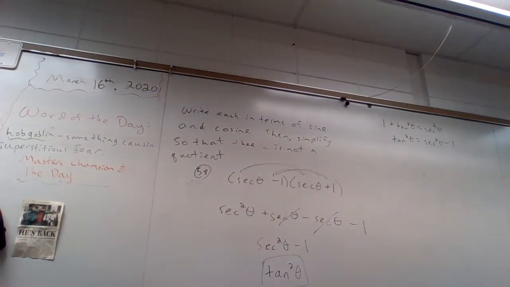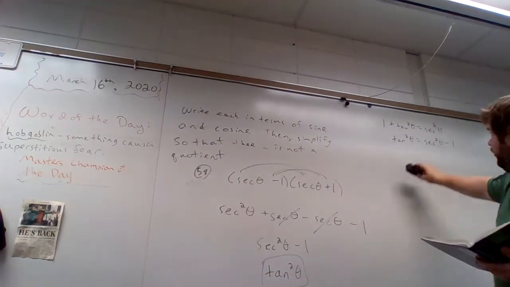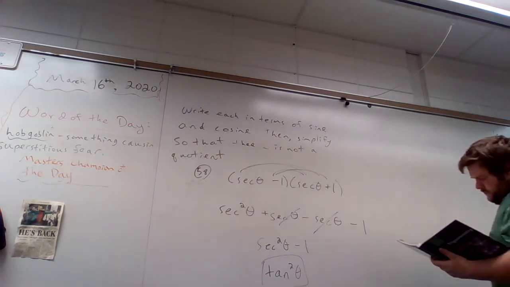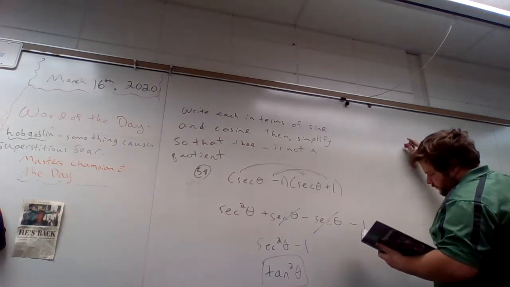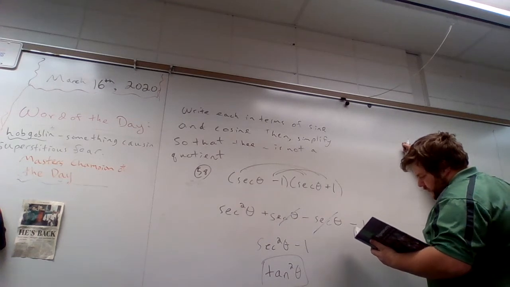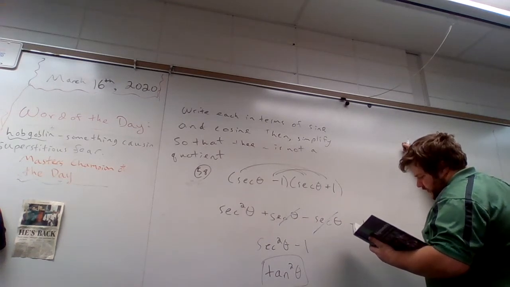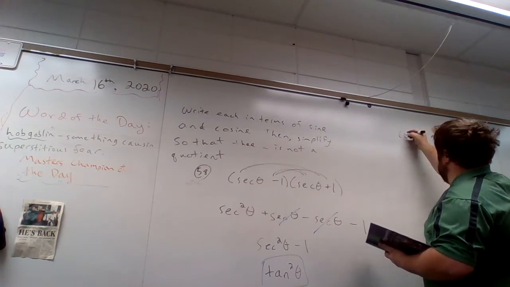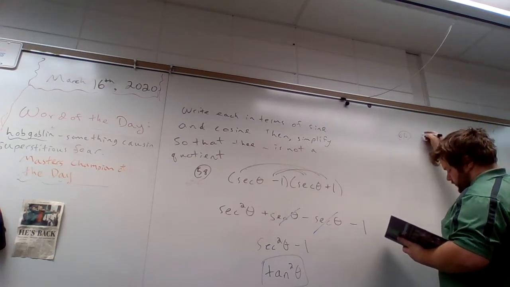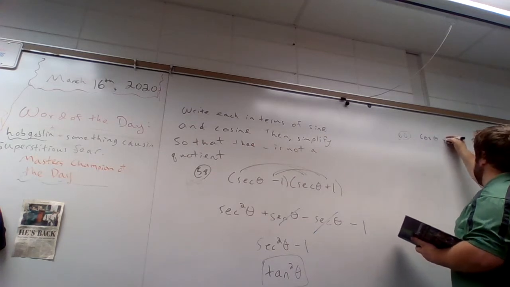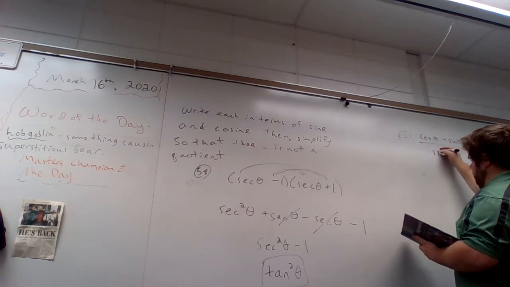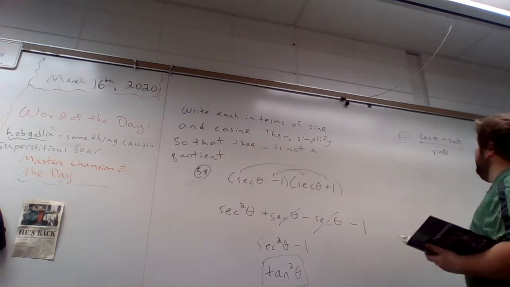So we've done some where we had to distribute, simplify, use some Pythagorean identities, use some quotient identities. Let's look at 60.